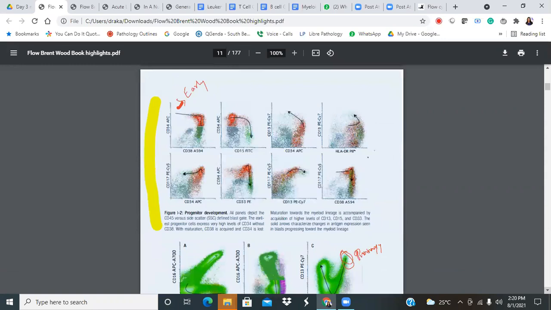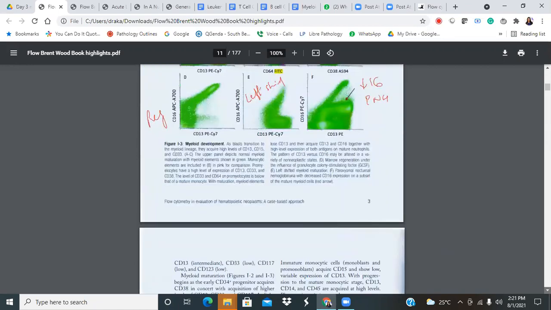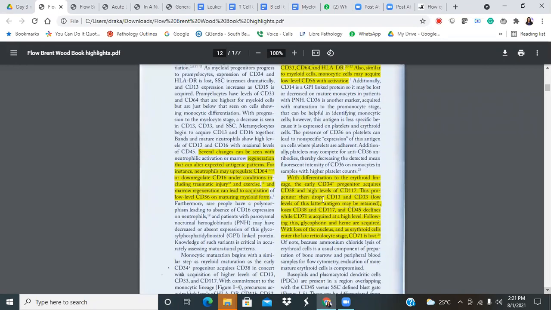Okay, so this is the same thing. Here I was showing that this is the promyelocyte, and here is the left shift, there is the regeneration, there is low CD16 on the neutrophils. Several changes can be seen with neutrophilic activation or marrow regeneration that can alter expected antigenic pattern.